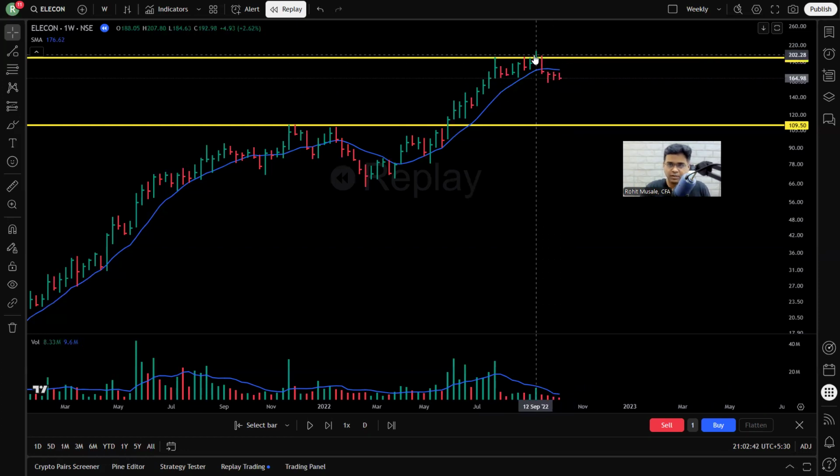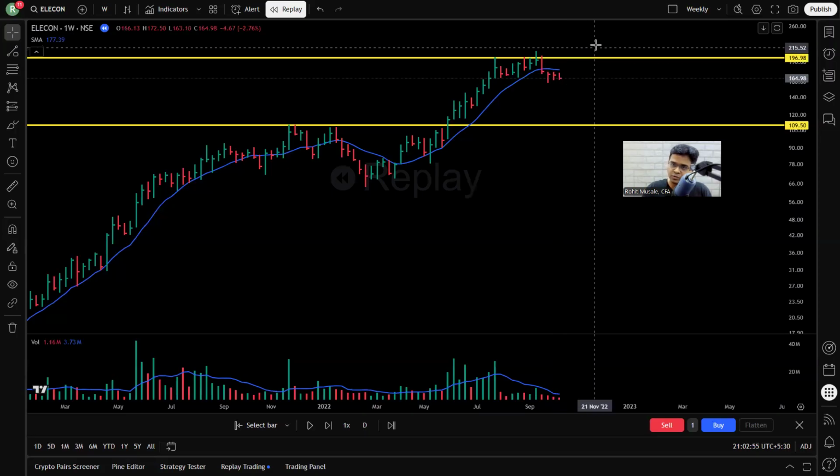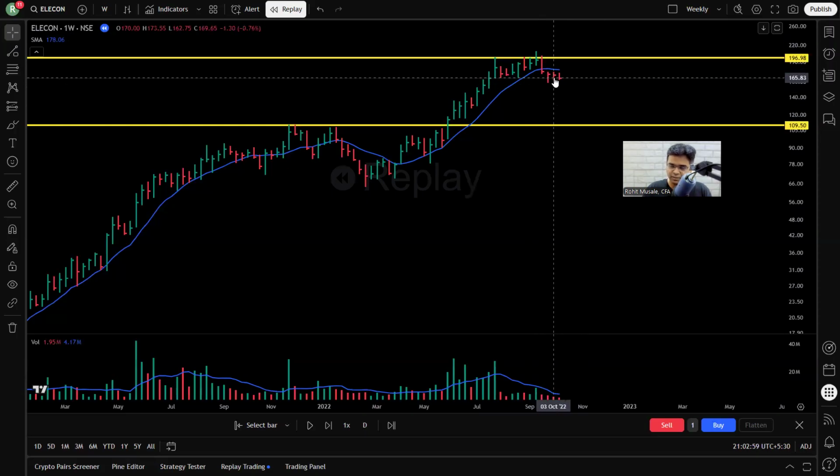Now, what's the high of this bar? 207.80. Now, notice the price has gone below the 10-week simple moving average. Well, that does not mean that the trend has ended. The stock could very well start to pick up from here again, right? Just because it closes below the 10-week simple moving average does not mean that the story of the stock is over.